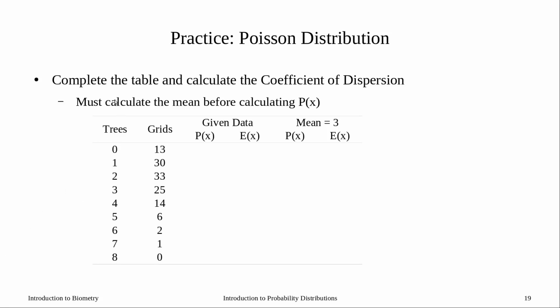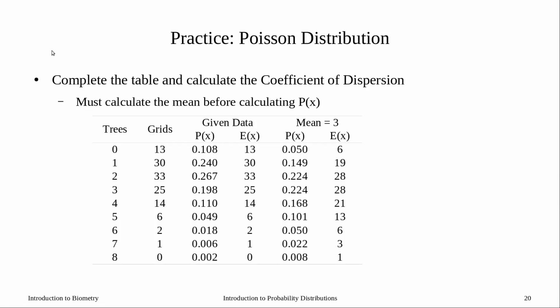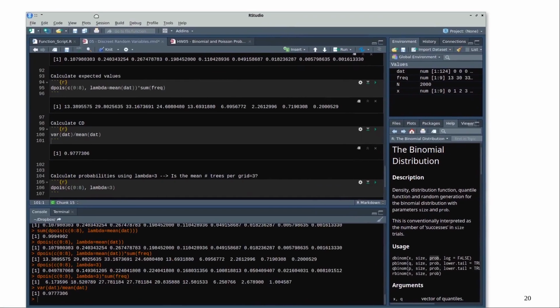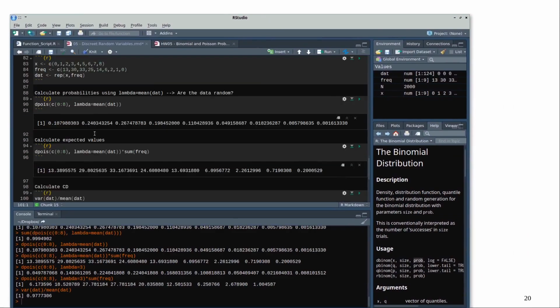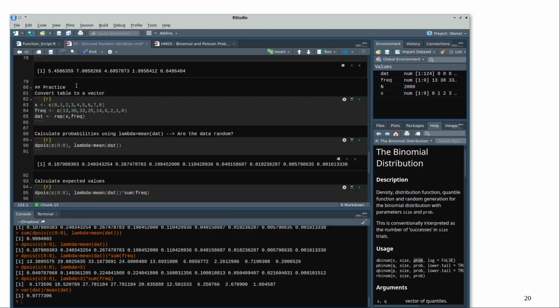So you've had some time to calculate these probabilities and expected values. These are mine. When I calculated it by hand, I came up with the same values as how I did it in R. So here's how I did it in R. I started by converting the table to a vector. I had to do that because I needed to calculate the mean in order to complete the first two columns.